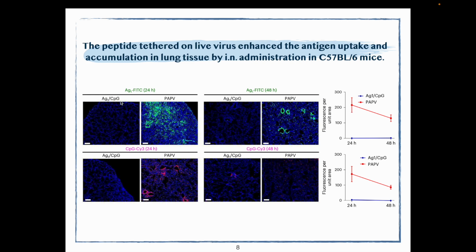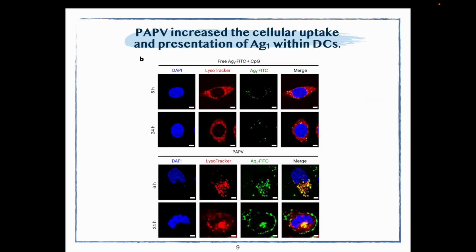According to the result, we can see that the peptide tethered on the virus enhances antigen uptake and accumulation in lung tissue. Because dendritic cells serve an important role in antigen presentation and immune response, they further evaluate the ability of PAPV in cellular uptake and presentation of AG1 in dendritic cells.